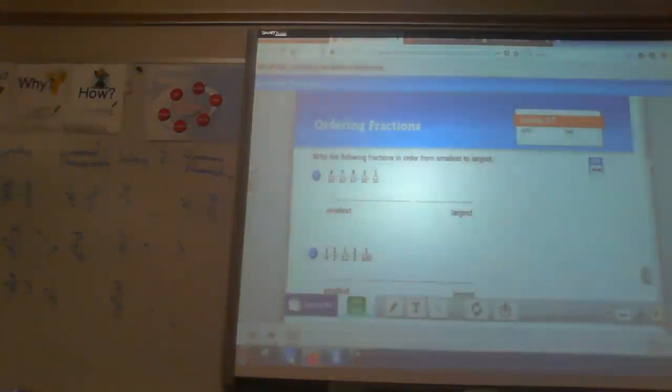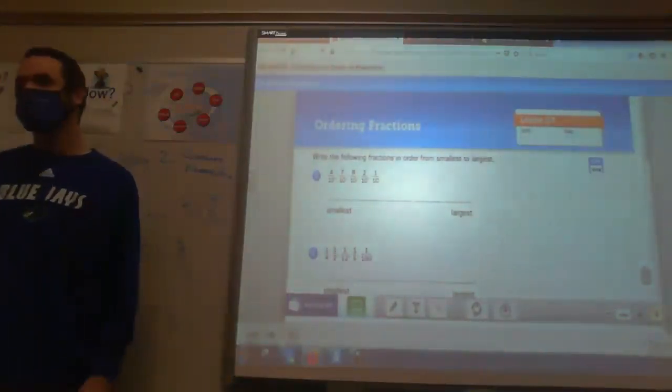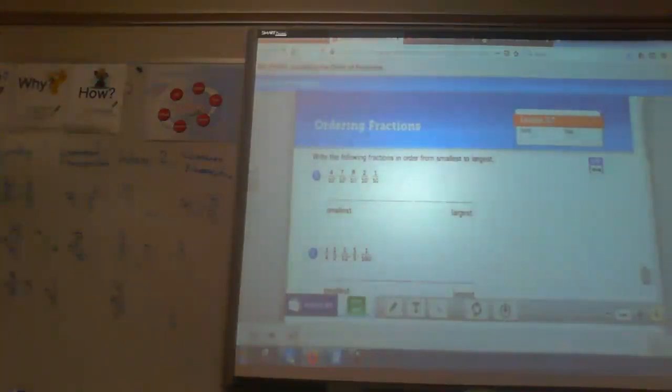So taking a look at this, we have these 5 fractions on each of these. And the first thing that I would do, if I were doing this, is I would look and label them as either less than half, more than half, or exactly half, or an eighth. I'll show you that, but I'll model. We're going to do this first one together.